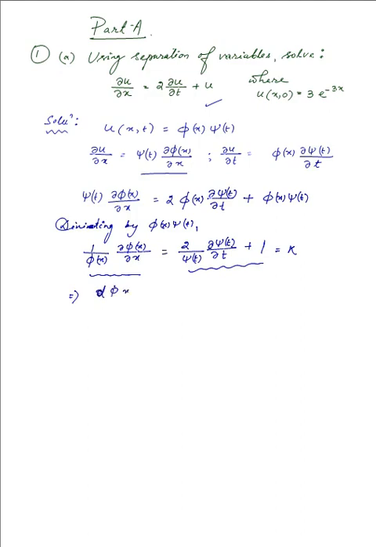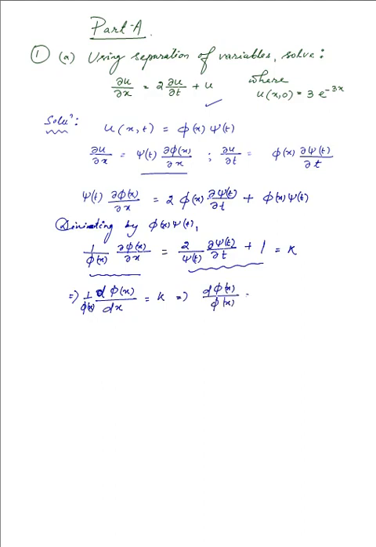So d phi x over dx, and there was 1 over phi x over here, and that is equal to k.